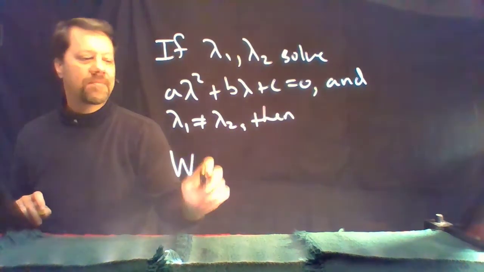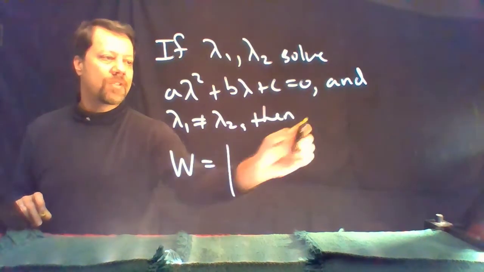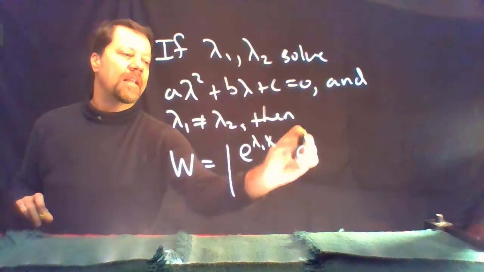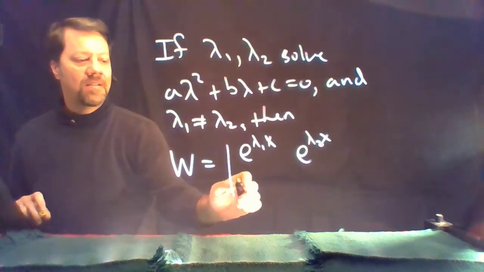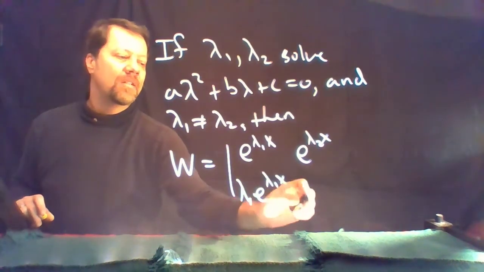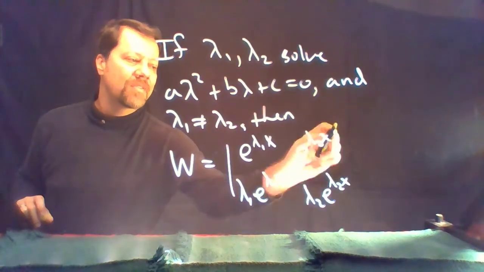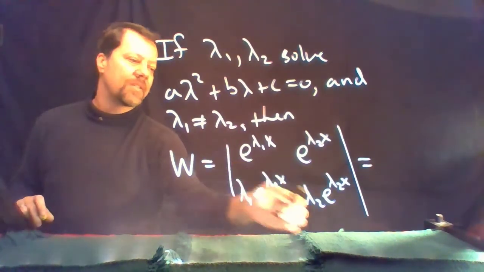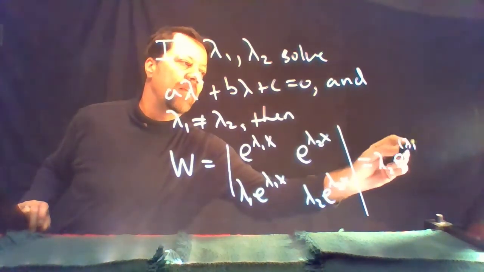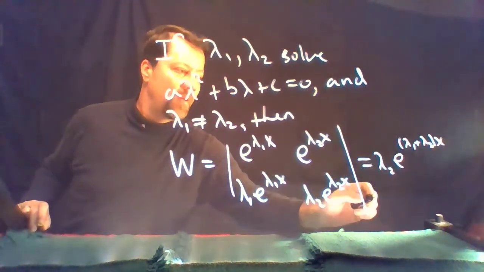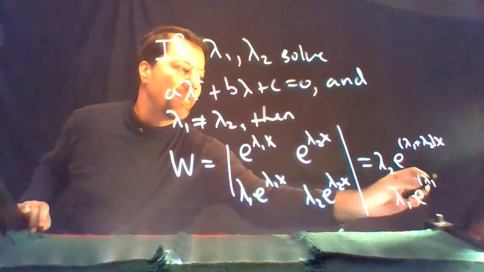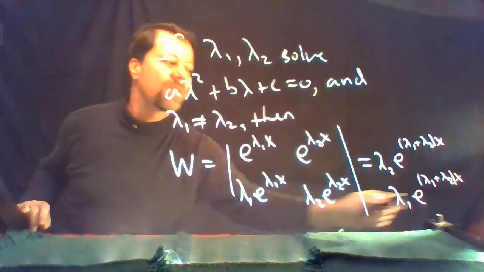Then the Wronskian of the solutions, e to the lambda 1 x, e to the lambda 2 x, will be, let's see, we'll have lambda 1 e to the lambda 1 x, lambda 2 e to the lambda 2 x. This gives us lambda 2 times e to the lambda 1 plus lambda 2 x minus the product this way, which is lambda 1 e to the lambda 1 plus lambda 2 x.